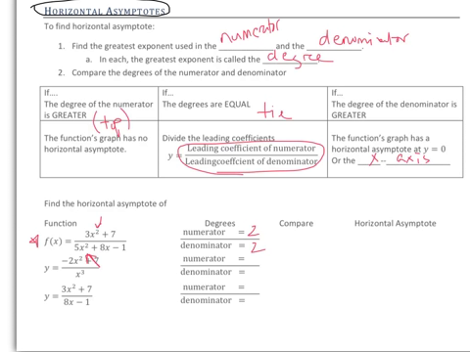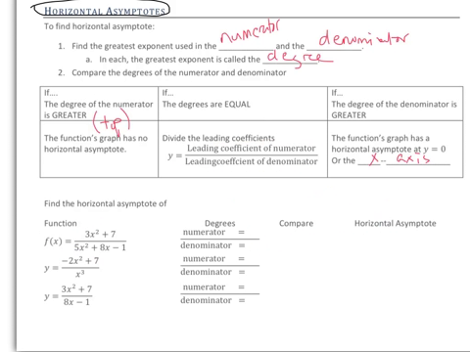Well, now that we have a tie, my horizontal asymptote would actually be y equals the coefficients 3 and 5. So it would be y equals 3/5. Now if I'm going to find the range, my range of this graph would be all real numbers, but y cannot equal 3/5.